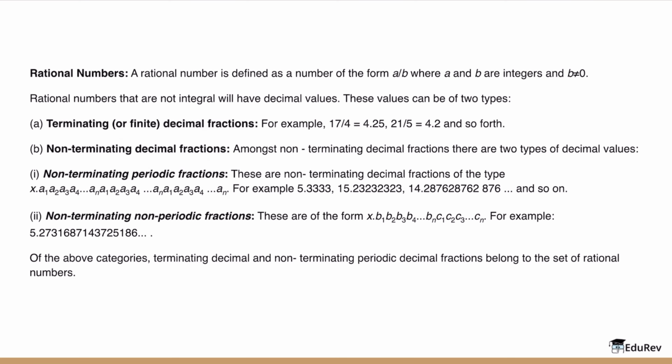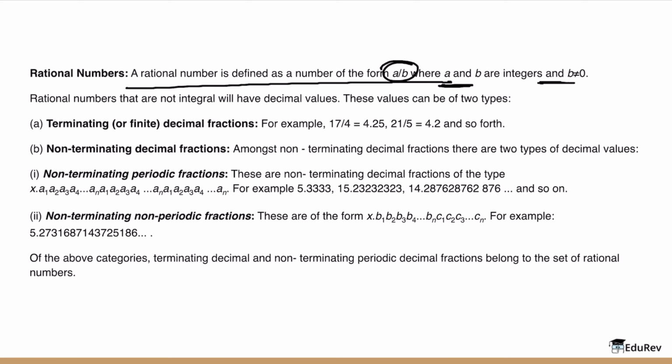Before that, we have the concept of rational numbers and irrational numbers. So let's see what rational numbers are. A rational number is defined as a number of the form A by B, where A and B are integers and B is a non-zero number.